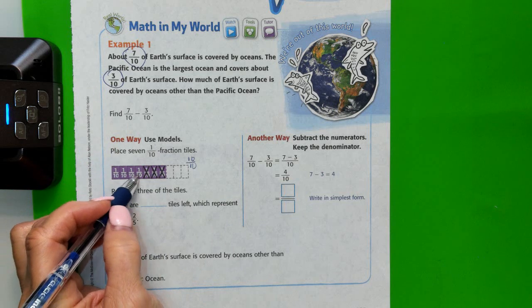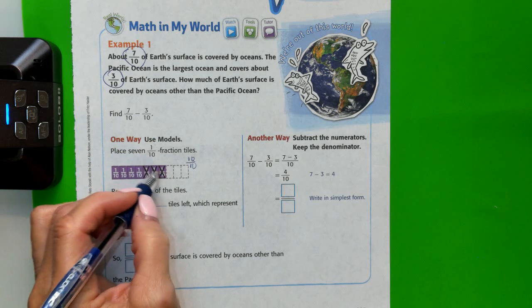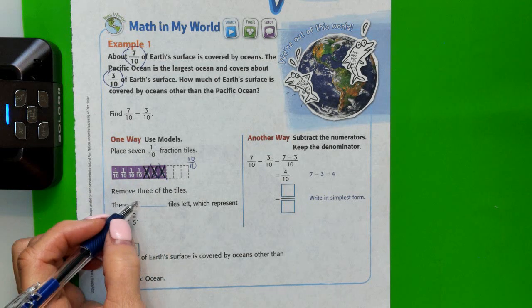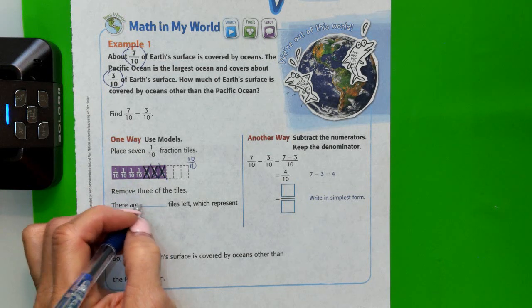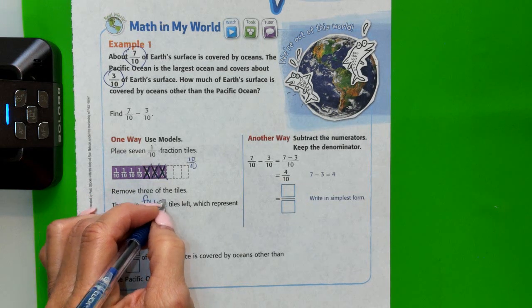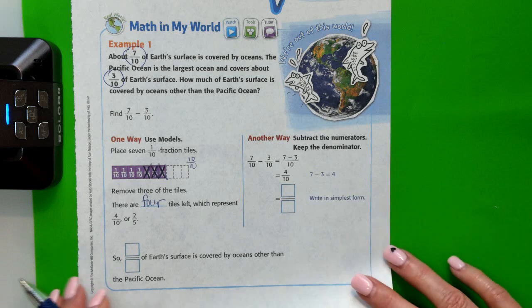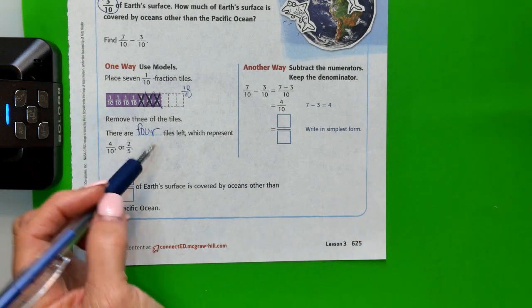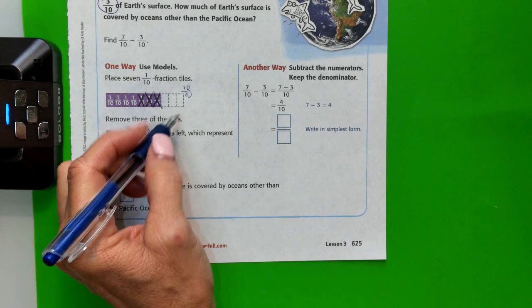And they filled it with 7, and then they took out 3. So there are how many tiles left? 1, 2, 3, 4. There are 4 tiles left.